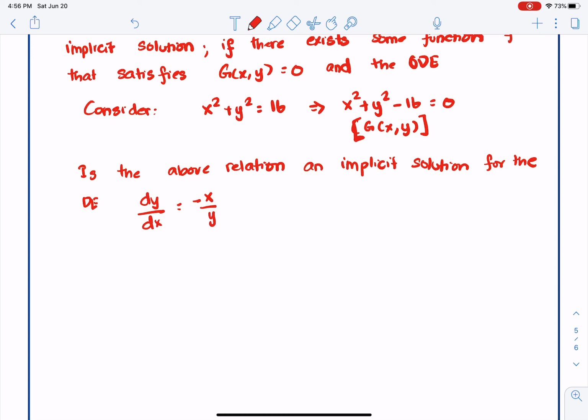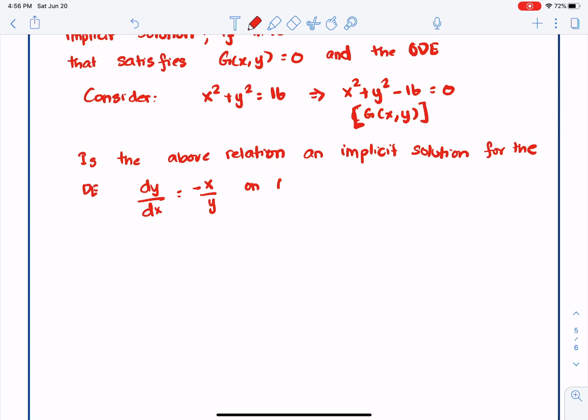And the existence interval here, x squared plus y squared equals 16, is a circle. So the solution has to happen within the radius of the circle. So the existence interval would be negative 4 to 4.